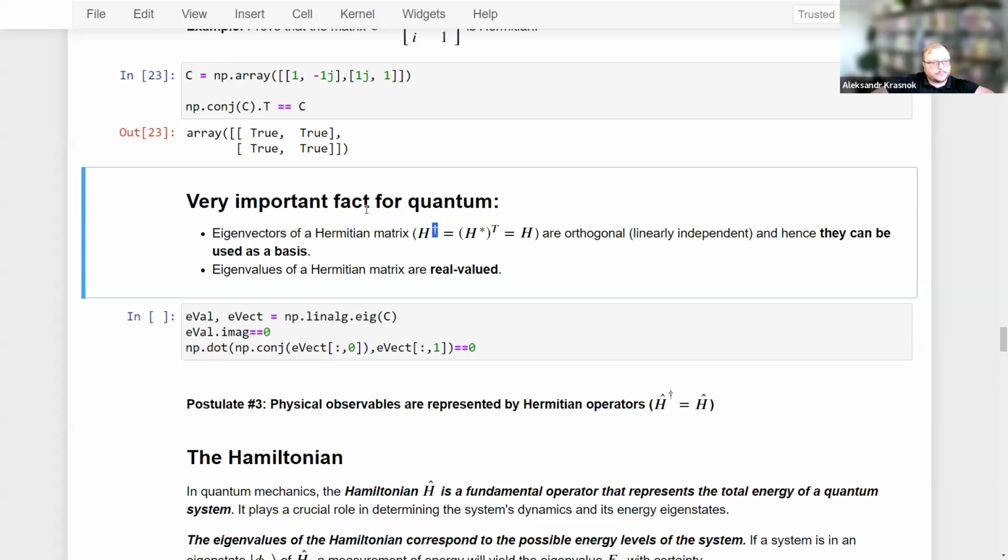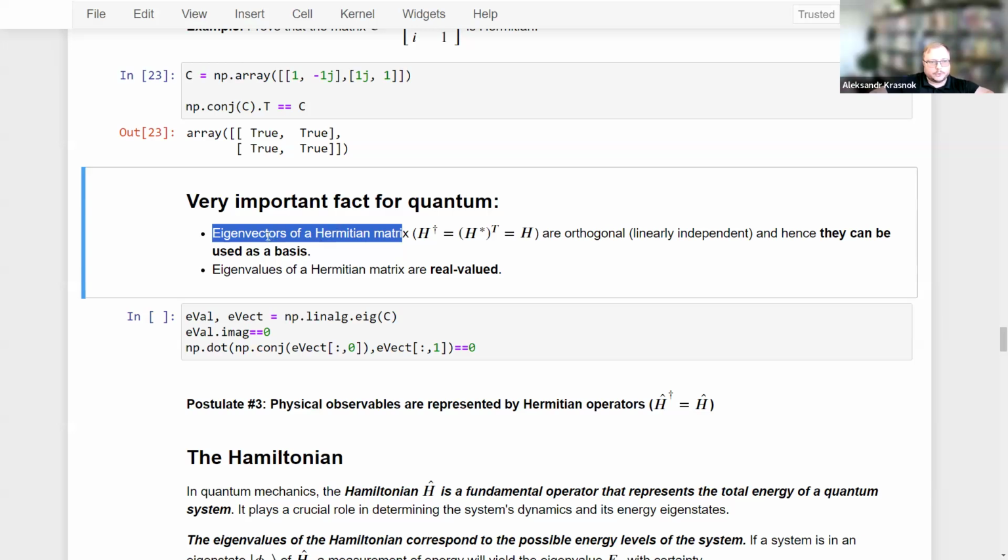Why is it so important? It's very important actually, specifically for quantum, for two reasons. First is the fact that the eigenvectors of a Hermitian matrix are orthogonal and form a basis in our complex valued space.